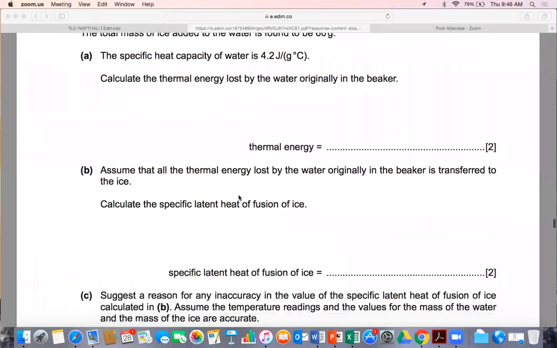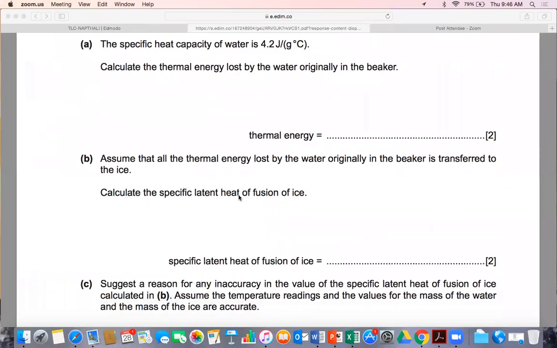Next. Assume that all the thermal energy lost by the water originally in the beaker is transferred to the ice. So whatever energy was lost by the water because it was cooling down has now been transferred to the ice. Calculate the specific latent heat of fusion of ice.